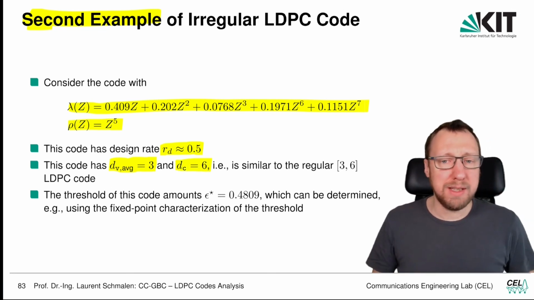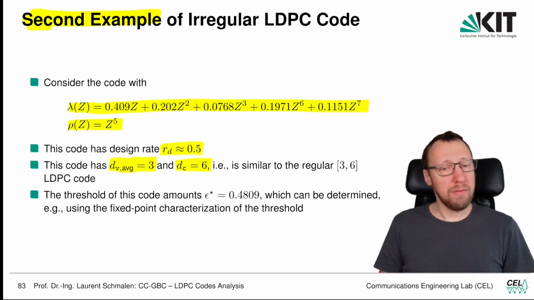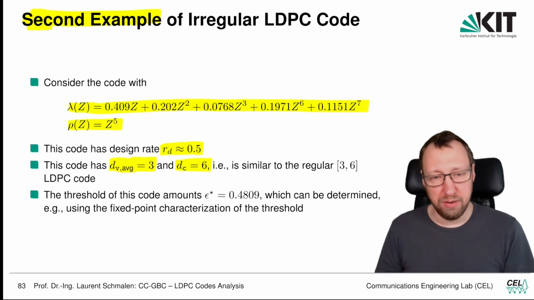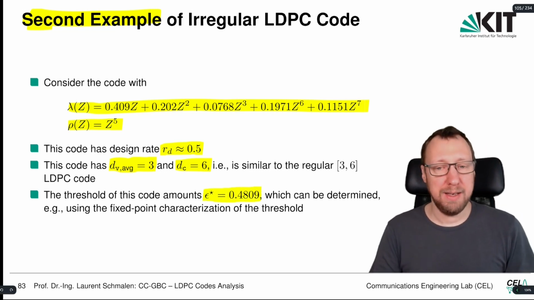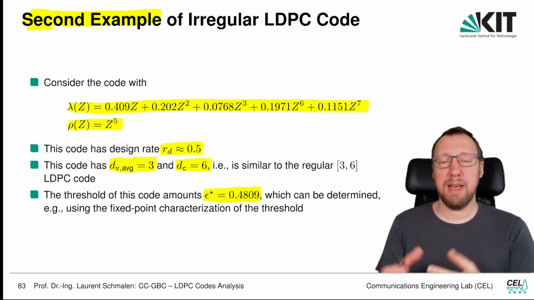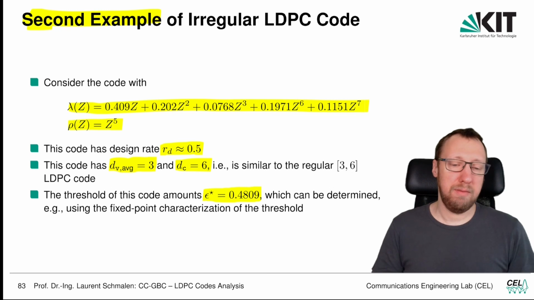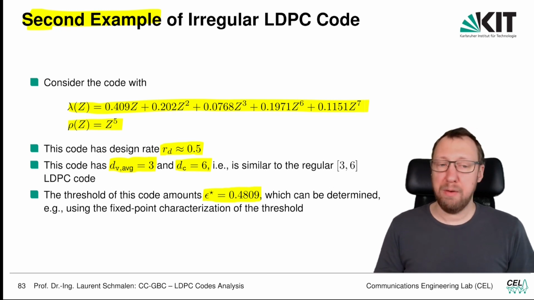So it is very similar to the (3,6) regular LDPC code. And this code even has a better threshold. It has a threshold that is equal to 0.4809. And I encourage you to do either a Python script or a MATLAB script to calculate and verify this threshold.